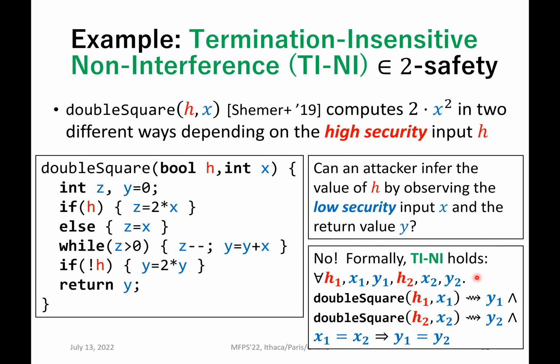This property says that for any 2 terminating executions of double square, where we give the same value to the second argument, which is specified in the precondition, they return the same output. So this means that we can't infer the value of h by observing x and y.